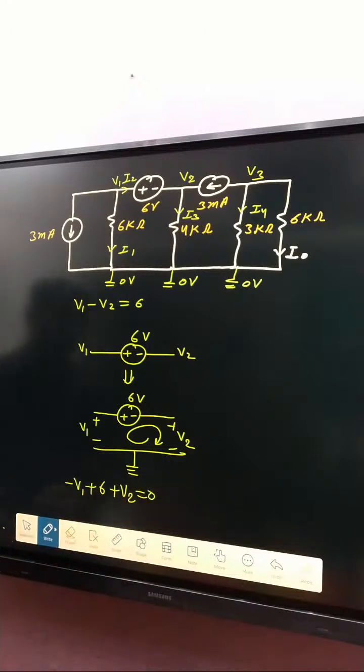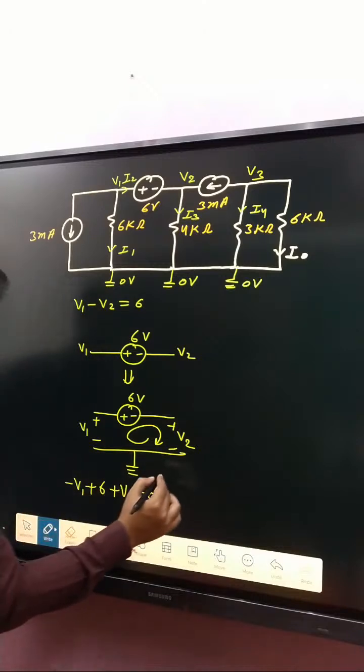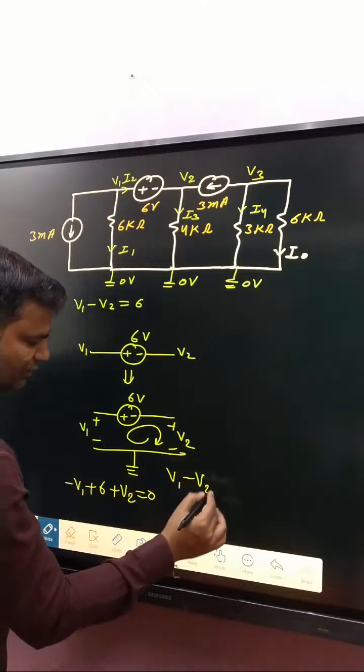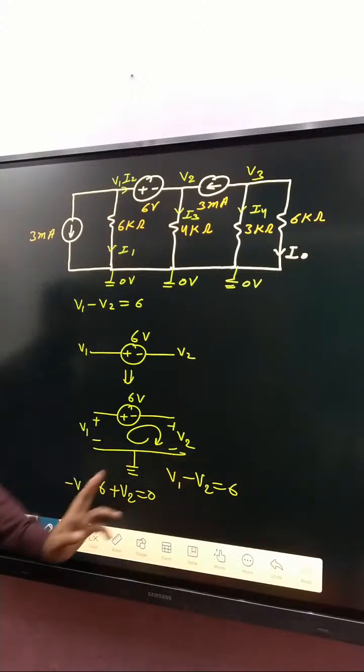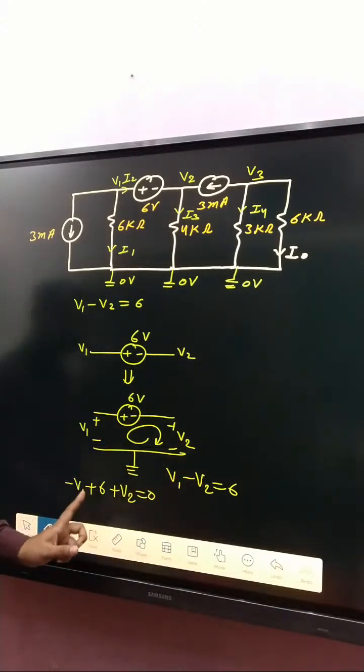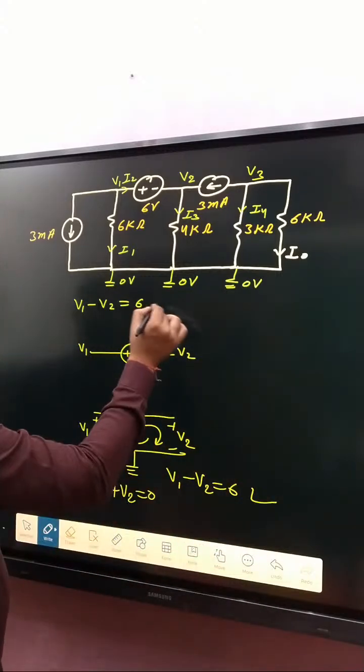So V1 minus V2 is equal to 6 volt. Clear or not? So that is equation number 1.